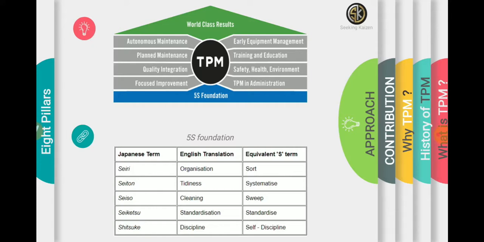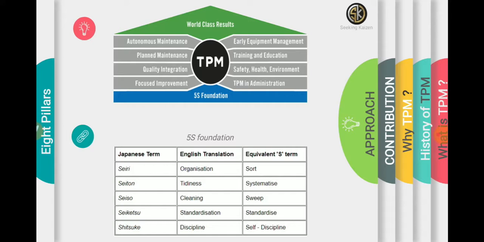In this particular domain we need to understand that standardization means we need to create standards for performing the above 3 activities which I have mentioned, Seiri, Seiton and Seiso. And the last, Shitsuke, means sustaining.